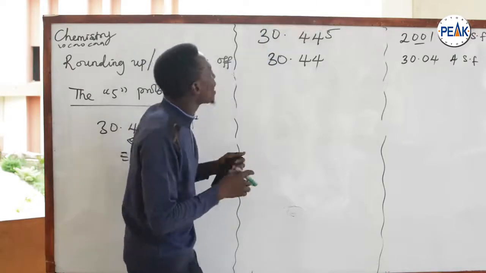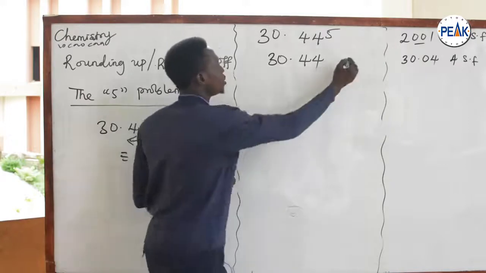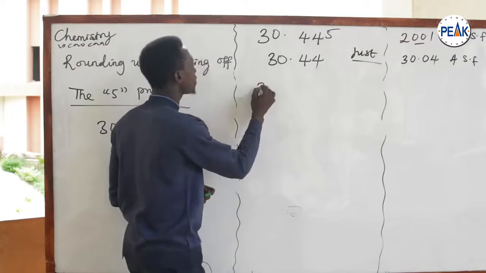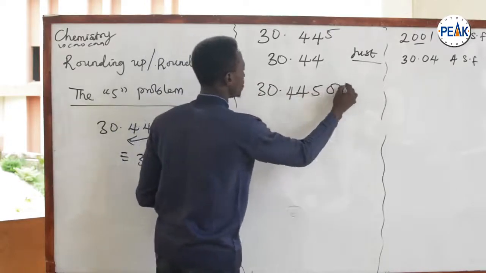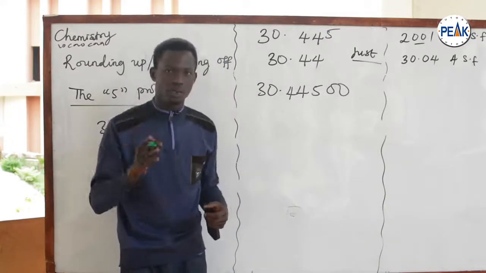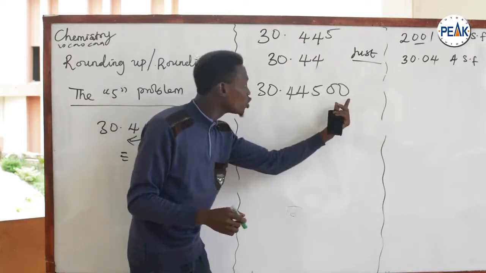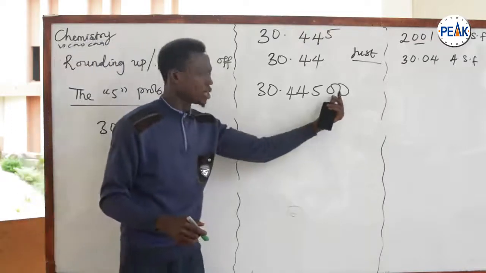This rule also applies if 5 is followed by just zeros. Please underline the words just zeros. If I have 30.44500 and I want to round this figure to 4 significant figures, 5 is just followed by zeros, not non-zero digits as it were with the 3 and 1, but here I have 0, 0.